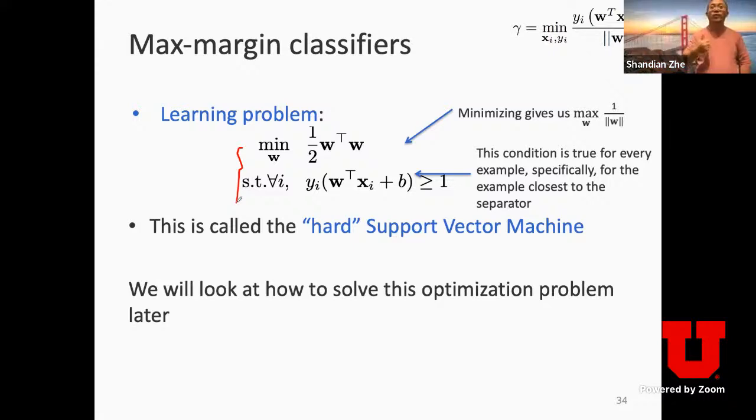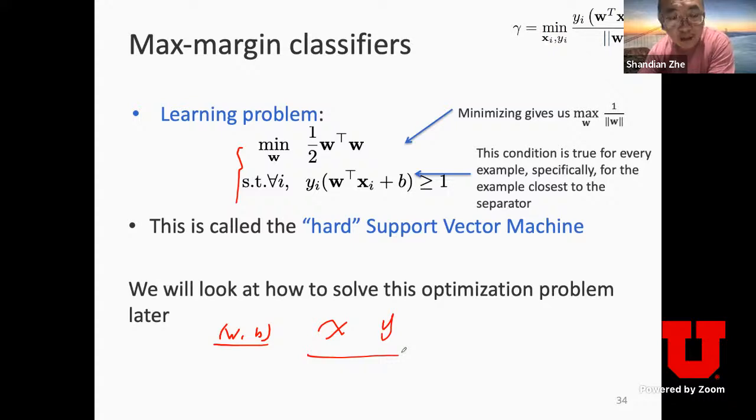Okay, let us just try to recall. When we have a linear classifier W, B, and we want to use that to make a prediction on an instance X, and suppose the ground truth label is Y, how do we check if my prediction is correct or not? Yeah, of course, the most straightforward way is to look at the sign of our classification score and compare it with the ground truth label. But we talked about another way of doing this.